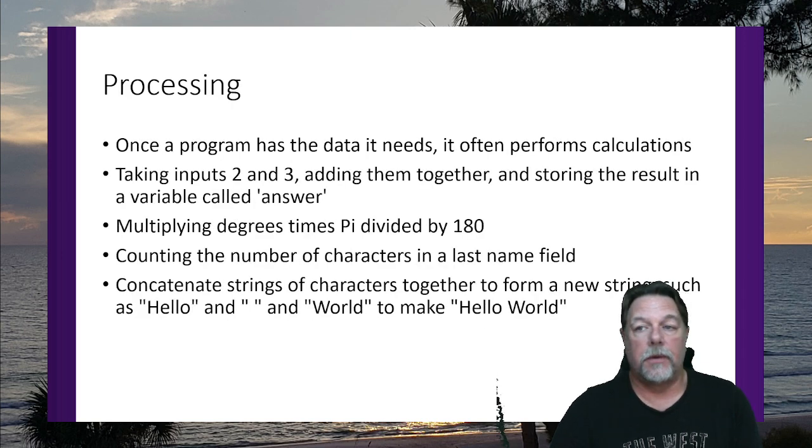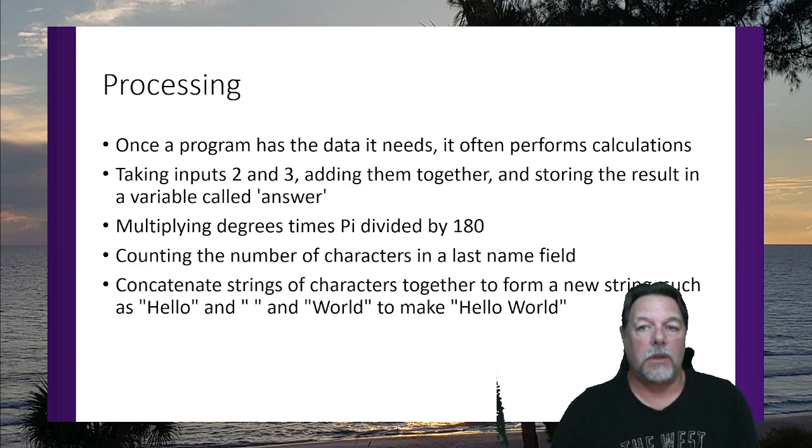Processing, there's a number of different things that a computer can do that we would classify as processing. The basic one that we're going to play with initially is I get a couple of numbers, a couple of integers, I add them together and store the results in a variable called answer. And we're going to hear that term variable used over and over. A variable is nothing more than a name that we give to a location in memory where we intend to store a value.